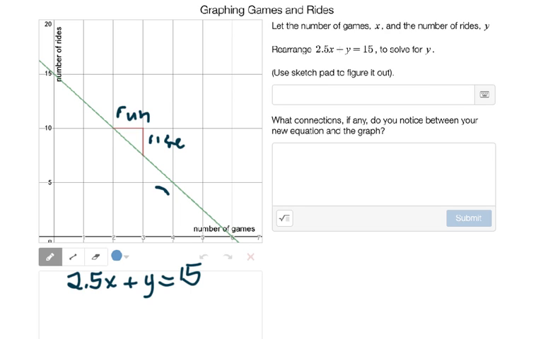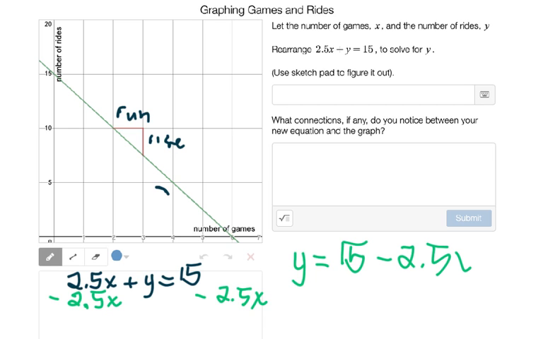I'm going to move that 2.5x over, and rewrite this as y is equal to 15 minus 2.5x.